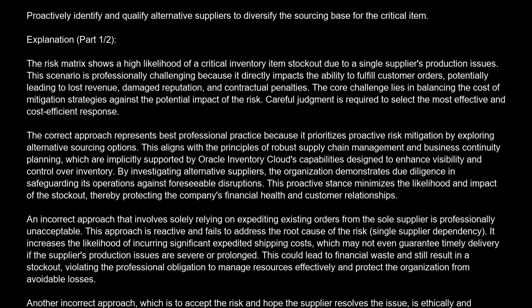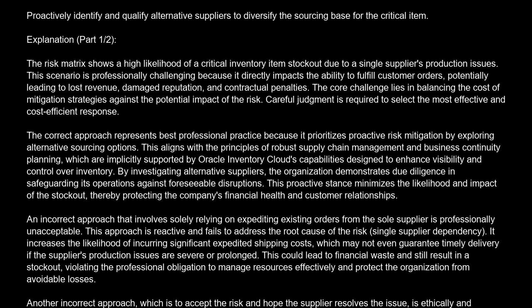This proactive stance minimizes the likelihood and impact of the stockout, thereby protecting the company's financial health and customer relationships. An incorrect approach that involves solely relying on expediting existing orders from the sole supplier is professionally unacceptable. This approach is reactive and fails to address the root cause of the risk, single supplier dependency.